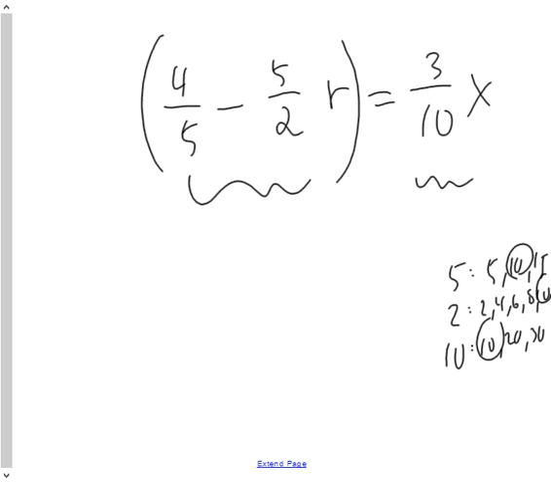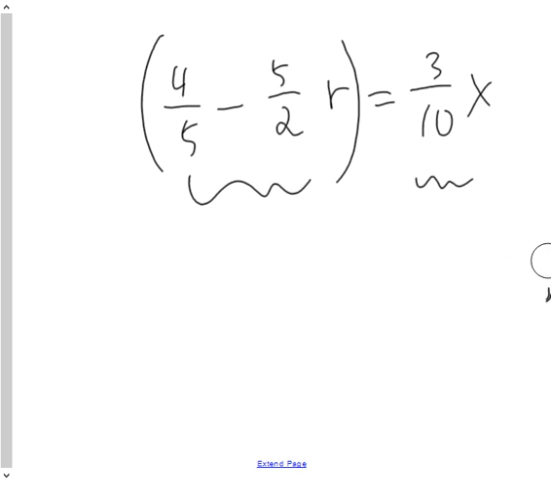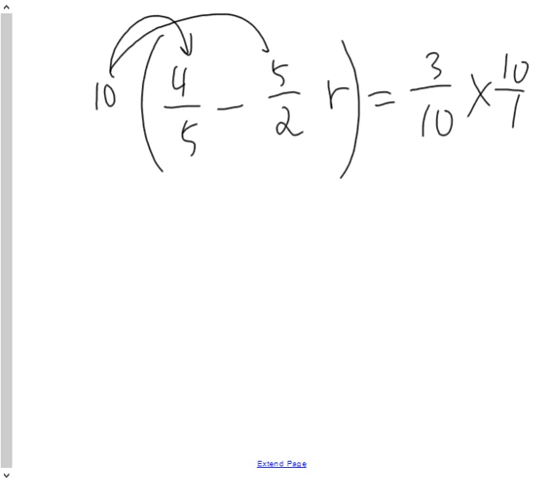If I multiply both sides by 10, the idea of maintaining equality, and what I mean by that is, if I consider the equation to be a scale, if I multiply this side by 10 and this side by 10, I maintain equality. So if I multiply both sides by a common multiple of the denominators, in this case 10, I will maintain equality. But since this is a binomial, we have to remember to expand, and both terms must be multiplied by 10.